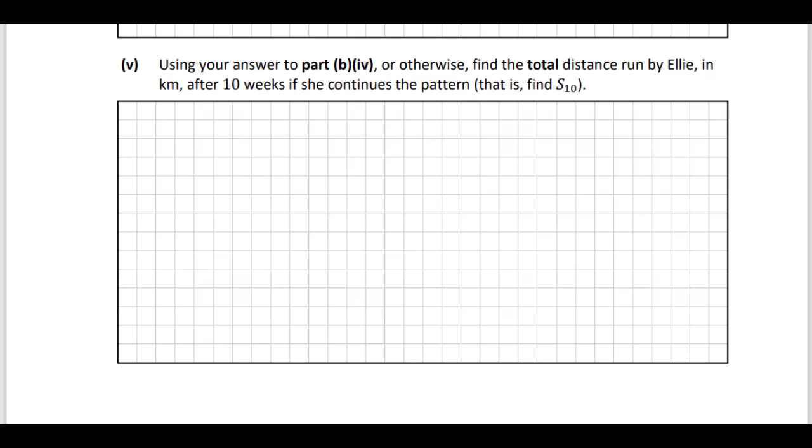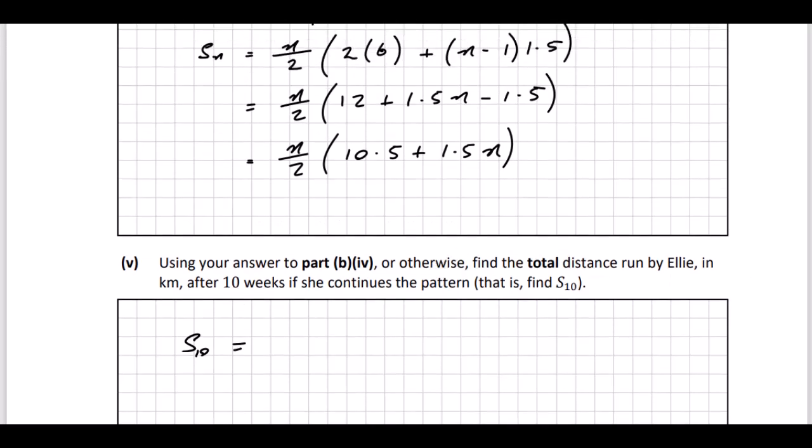Using your answer to part 4, or otherwise, find the total distance run by Ellie in kilometers after 10 weeks. So really we want S10. So we have to go back here again, have a look at our formula. So it's going to be 10 over 2 times 10.5 plus 1.5 times 10. And we just got to work that out. So 10 over 2 is 5.